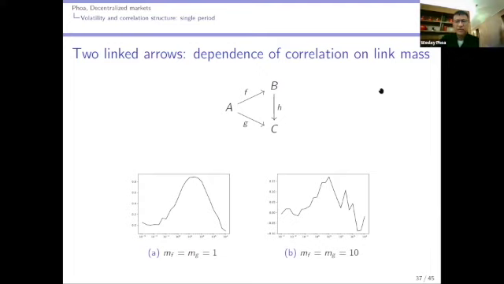You expect that because you can exchange B for C, so that there's two ways to get from A to C, that's got to impose some kind of correlation between F and G. And it turns out that it does, and that the size of the correlation depends in a way that's kind of hard to guess on the mass of that link between B and C. So that's interesting as well. I'm not sure I have a really good intuition behind this yet, but this is just how it comes out.